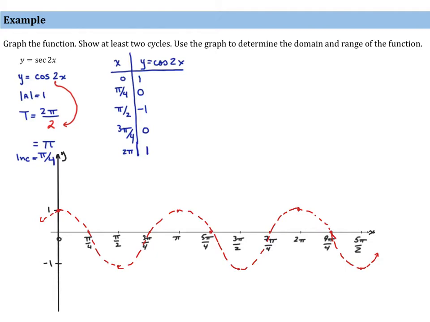And our vertical asymptotes are where we cross the line of oscillation with our cosine function. So pi over 4 will correspond to a vertical asymptote. So we have a vertical asymptote of x equals pi over 4. 3 pi over 4 likewise.